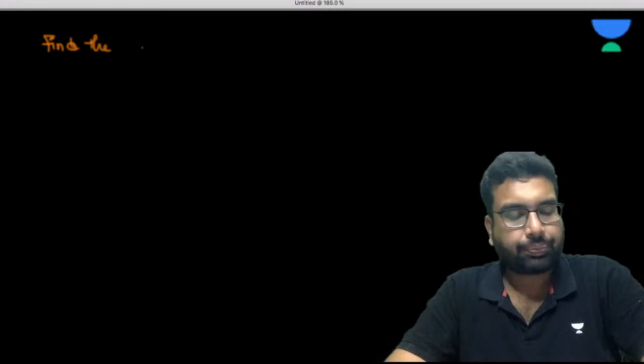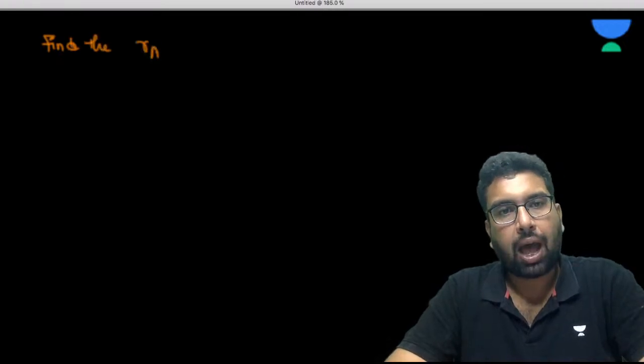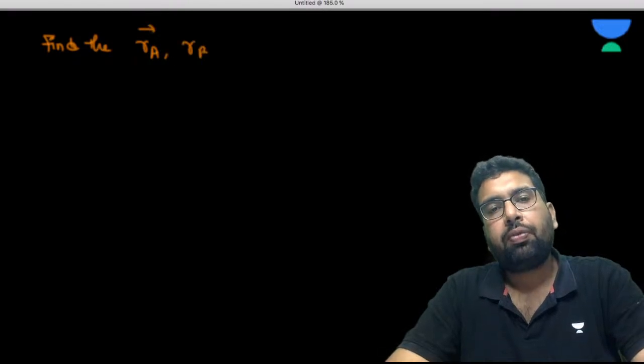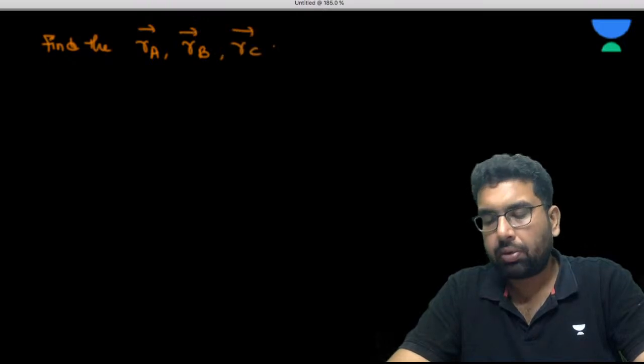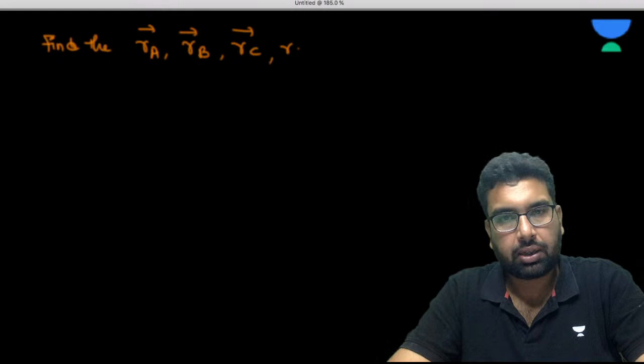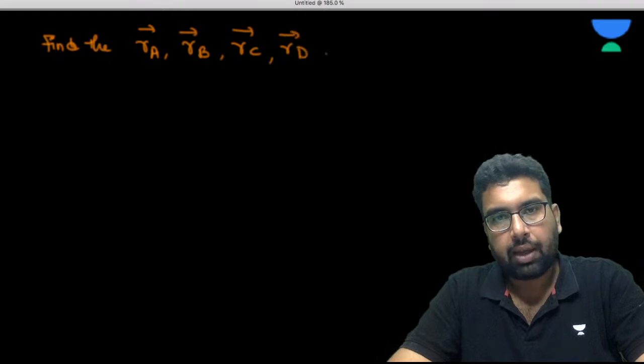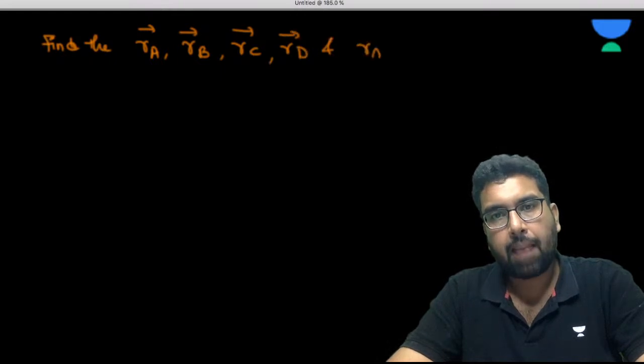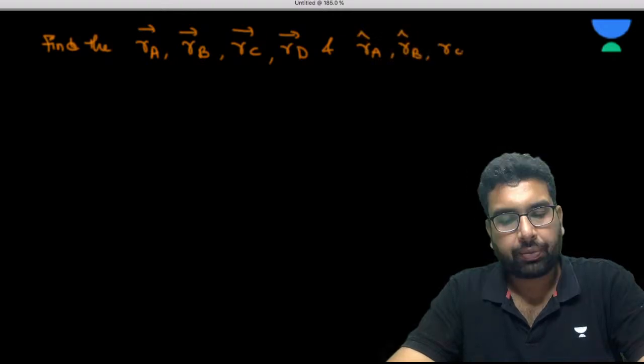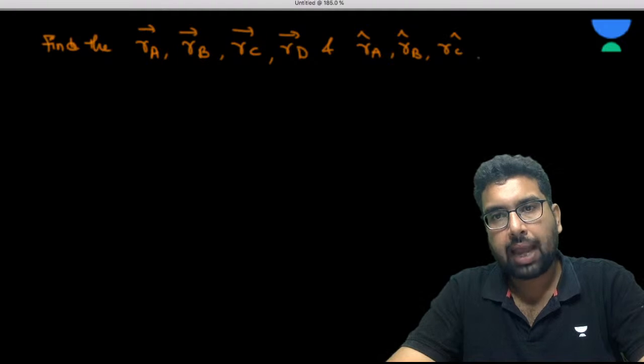Now let's try to do this because it is very important. So R is the representation of the position vector. Let's suppose we have a few points A, B, C, D, and we want the position vectors of these, and R A cap, R B cap, R C cap, and R D cap.